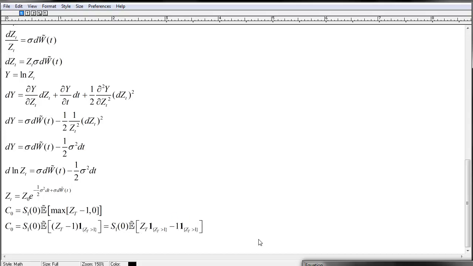This, however, doesn't make sense, and I keep only these terms. Furthermore, this is equal to 0 times the expectation of the first term minus the expectation of the second term.